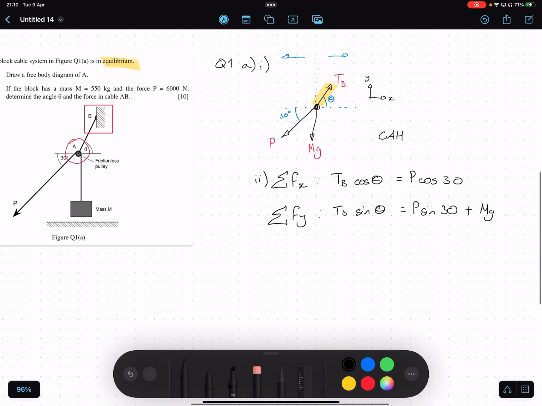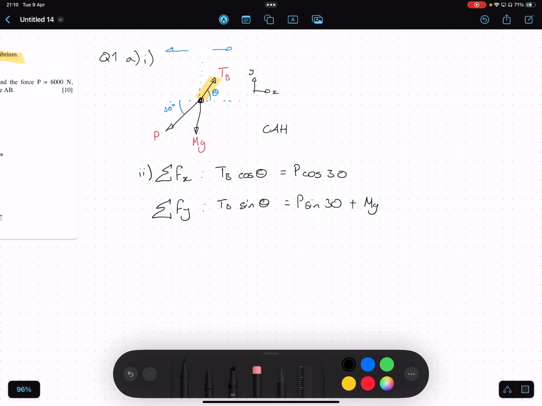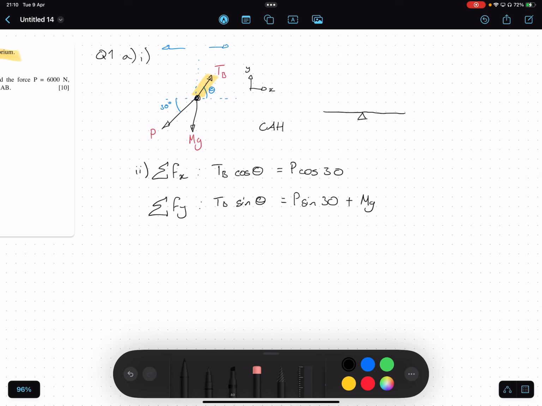So this equal sign, imagine like some sort of balance or a scale, where in order to keep this equation balanced, we want to imagine that in order for these two things to be equal, if we take one away from the other, i.e. the sum of all forces is 0, then we have TB cos theta on one side balancing our P cos 30 also balancing out. And let's take this a bit further forward just to reinforce this.